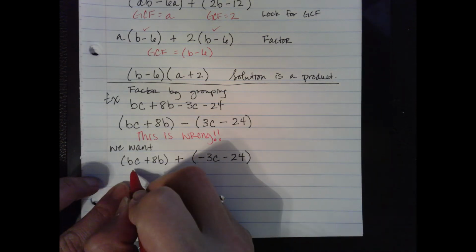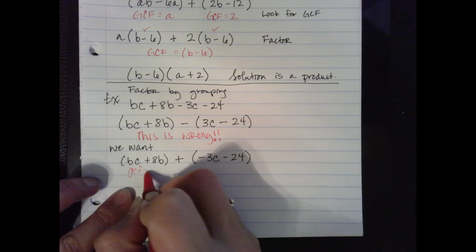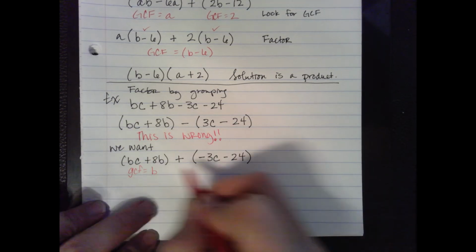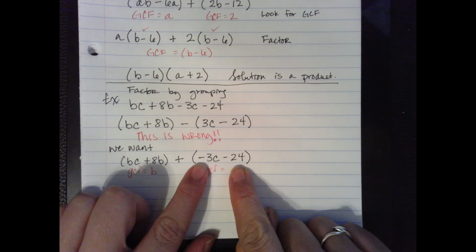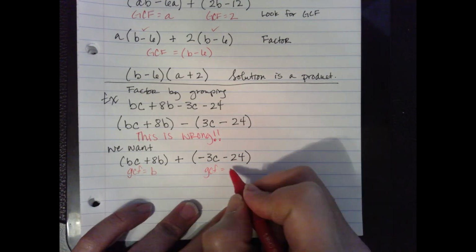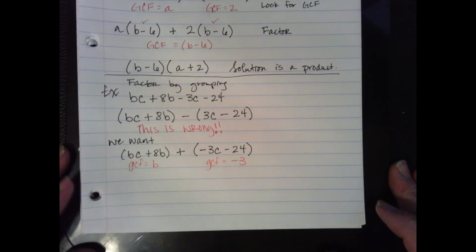Now my GCF here is B, and my GCF here is negative 3. My GCF doesn't have to be a positive number. It can be negative.